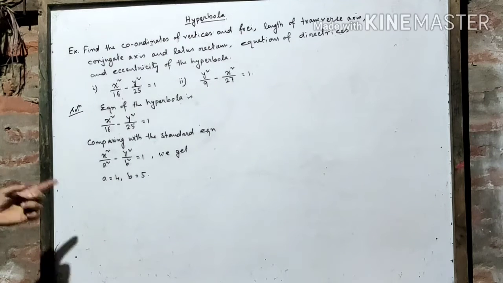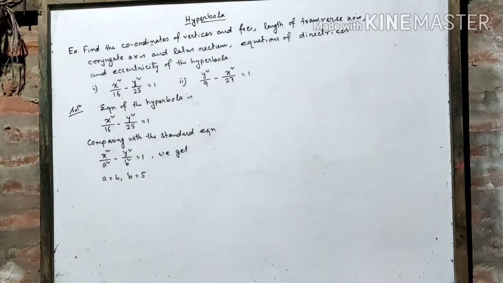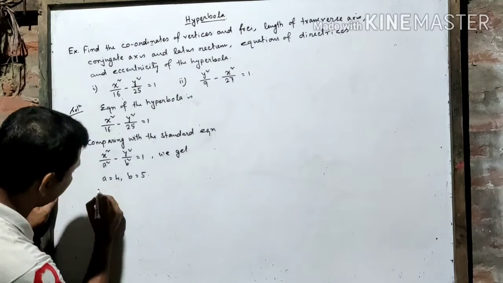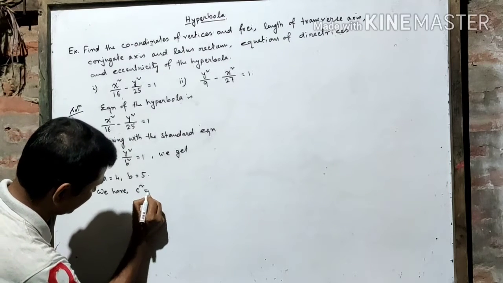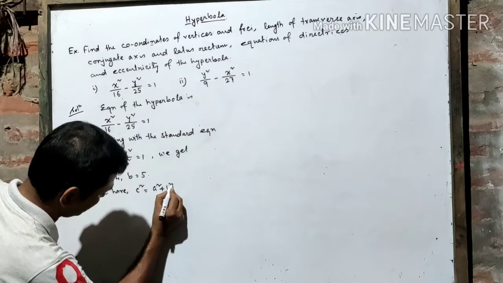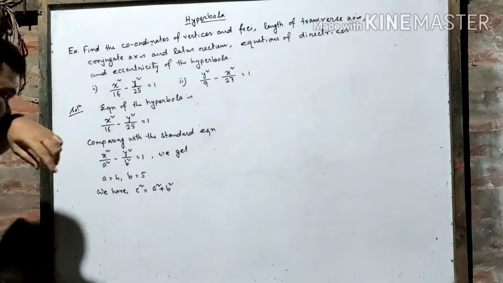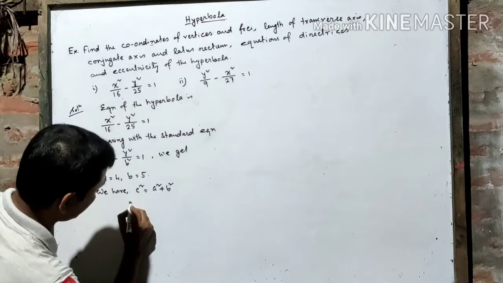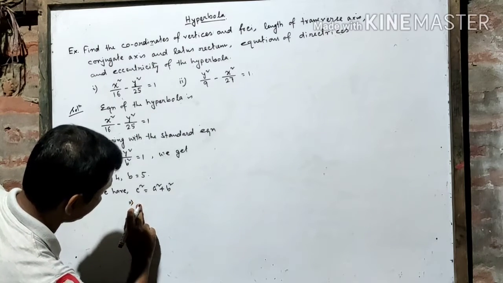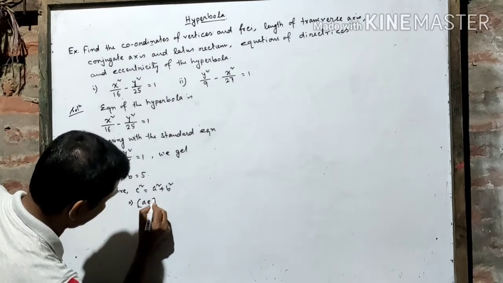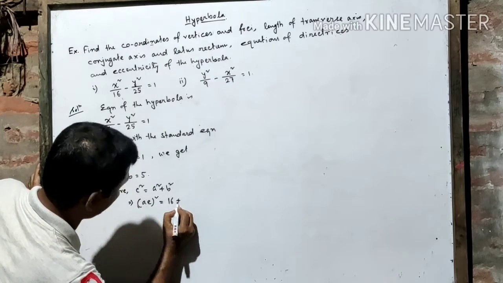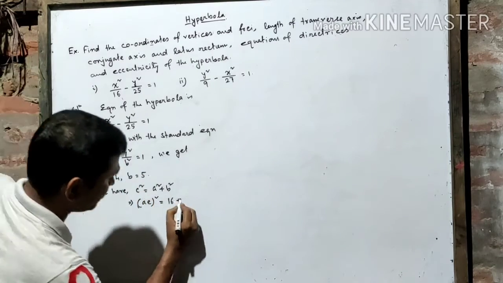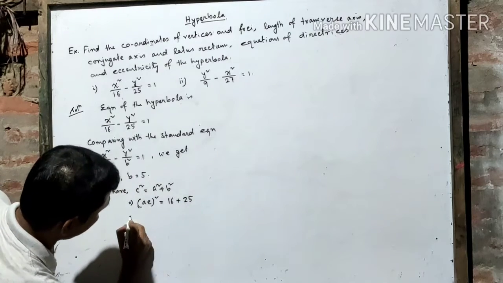Okay. First of all, let us find the eccentricity. We have c square is equal to a square plus b square. Alright. What is a square here? 16. This implies c square means ae, c means ae, so ae whole square is equal to a square is 16, b square is 25. Okay.